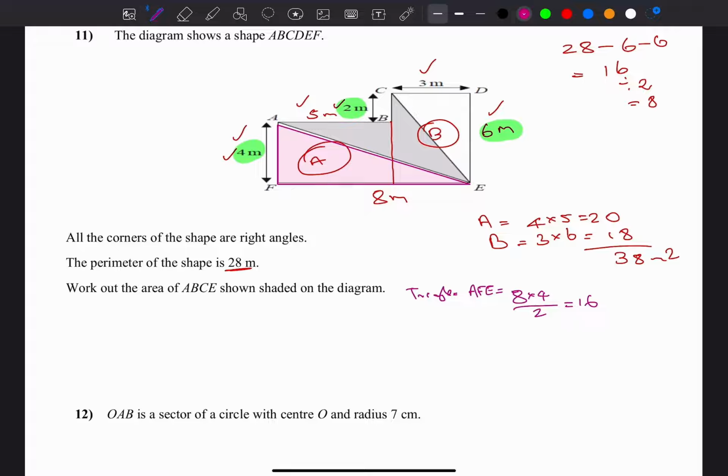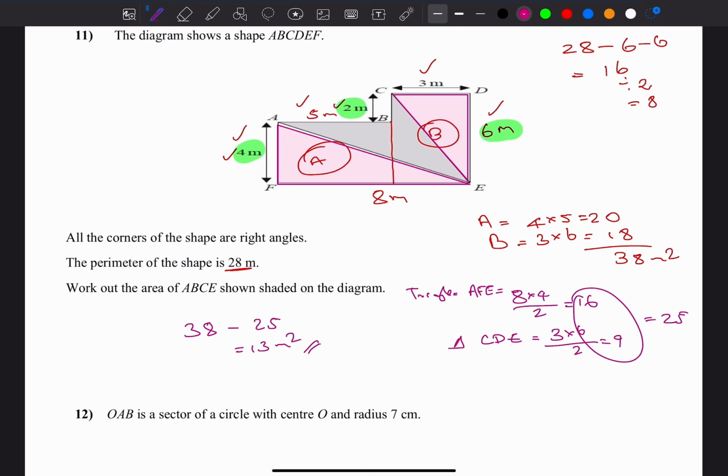The other triangle I'm going to take away is that triangle, which is CDE. Base of that, you can call it 3 times 6 divided by 2, which is 9. So in total, that will make it 25. So the full area is 38, take away the triangles, 25. That will make it 13 meters squared. Okay.